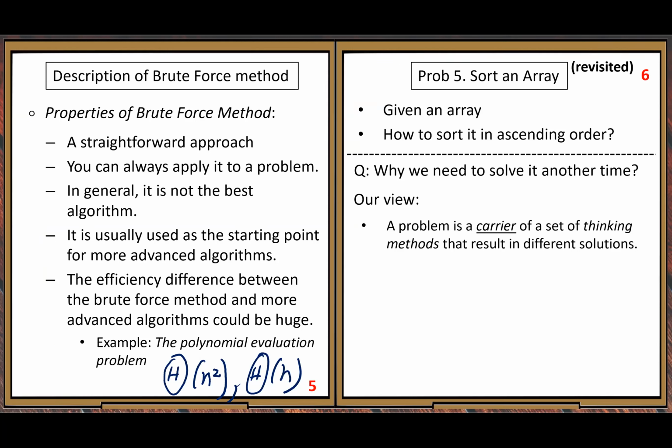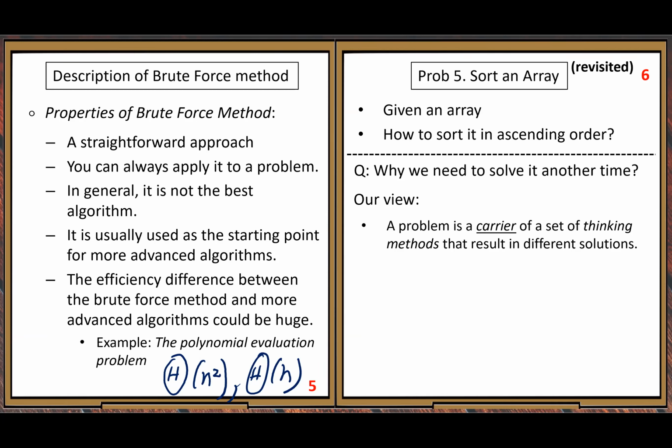Right. So, the thinking methods. Here I use this term: a problem is a carrier of a set of thinking methods that result in different solutions. Carrier. A problem. Here we have a sorting problem.